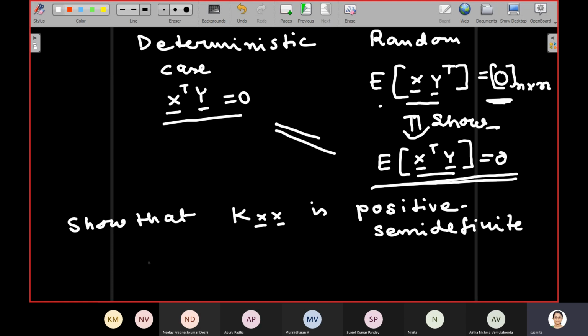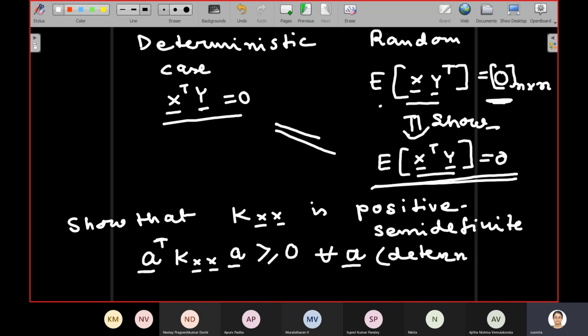You basically need to prove that for any deterministic vector A, A transpose times the covariance matrix times A is greater than or equal to 0, and this holds for any deterministic A. This is the definition of positive semi-definiteness, and you need to show that a covariance matrix always satisfies this, and therefore it is positive semi-definite. Okay, so this is the fourth homework problem.